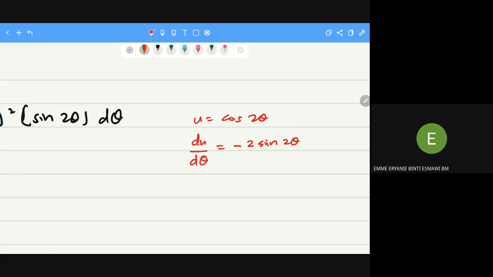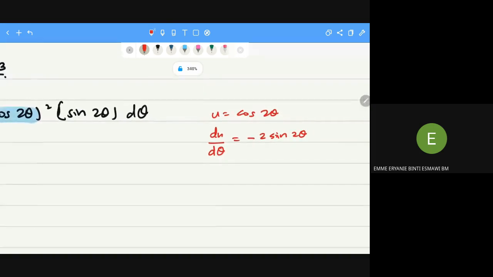Tapi kalau differentiate, kena ingat dia kena darab dengan angle tu punya constant kat depan ni. Kalau integrate, dia kena bahagi constant tu. Kalau differentiate, kena darab constant tu. Itu je lah. Okay. Then we have to susun dan jadikan d theta sebagai tajuk. So du over negative 2 sin 2 theta.